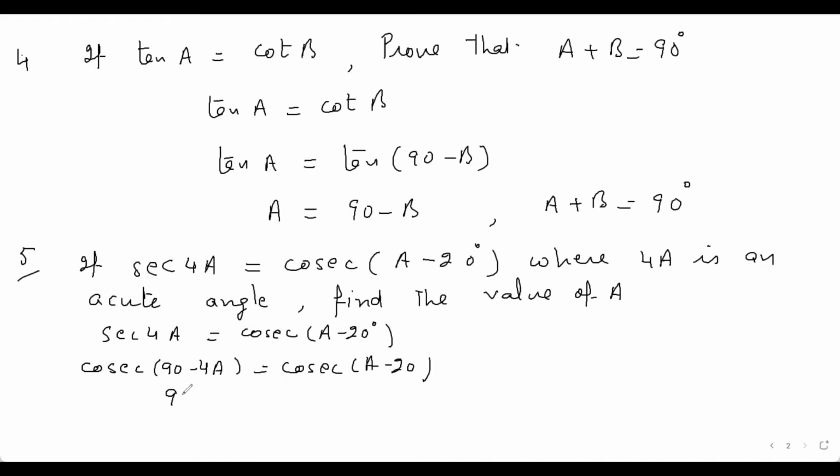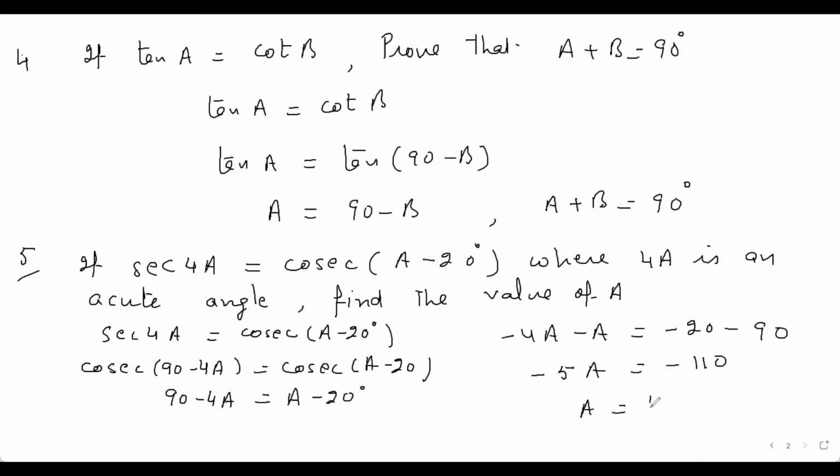It means 90 minus 4a is equal to a minus 20. Minus 4a minus a is equal to minus 20 minus 90. Minus 5a is equal to minus 110. A is equal to 110 upon 5. That is equal to 22. Value of a is equal to 22.